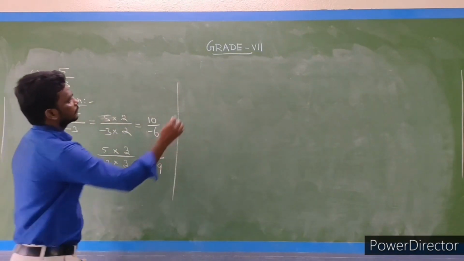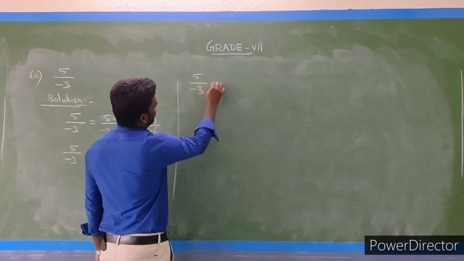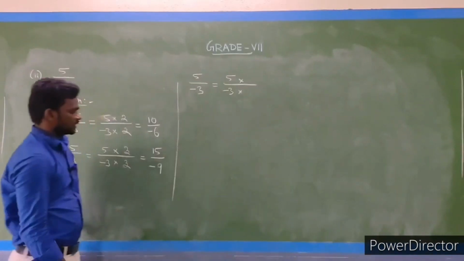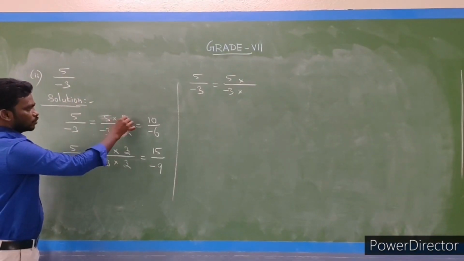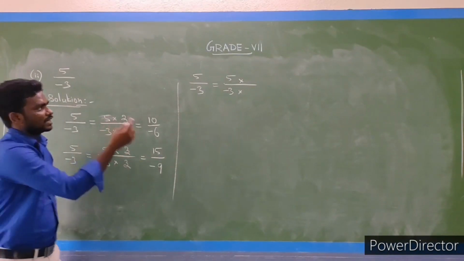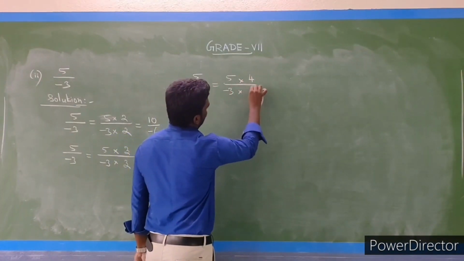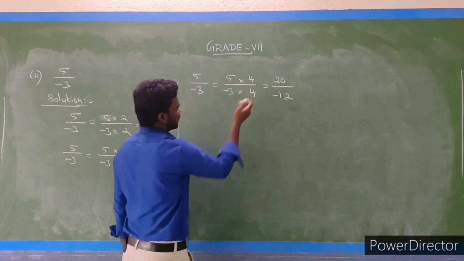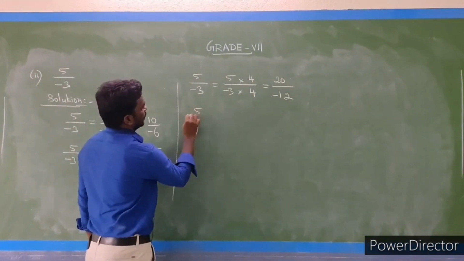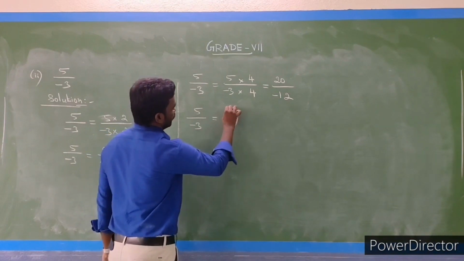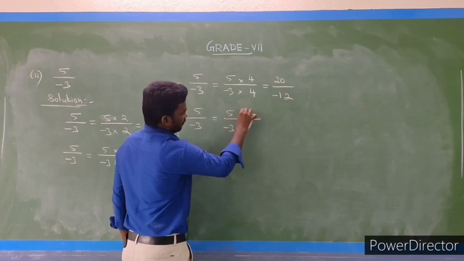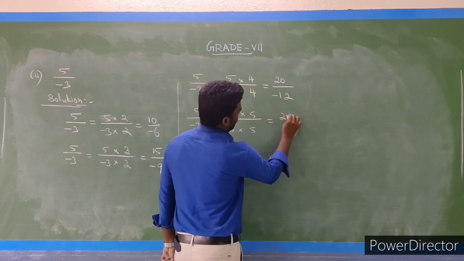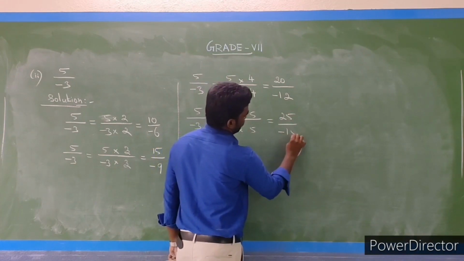Next, multiplied by 4 by 4 equals 5 4s are 20, 3 4s are minus 12, because minus into plus is minus. Next, multiplied by 5 by 5 equals 5 5s are 25 divided by 3 5s are minus 15.